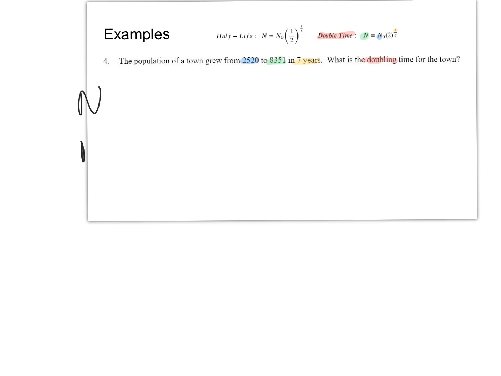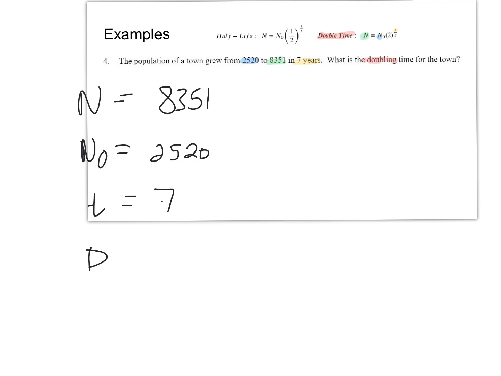N, O, T, and D. So N, 8, 3, 5, 1. Original amount was 2520. Time was 7 years, and they want to know how long it takes for the population to double.